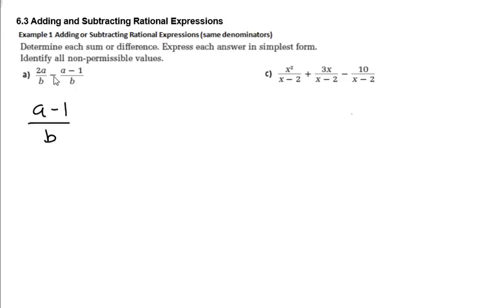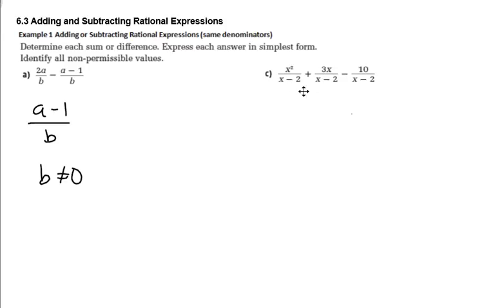When we distribute the negative to the a, it becomes negative a, and when we distribute this through, it becomes positive 1. 2a minus a gives us a. And this should actually, I've now realized, equal positive 1, not negative 1. Okay? And then our restriction, of course, is that b cannot equal 0.